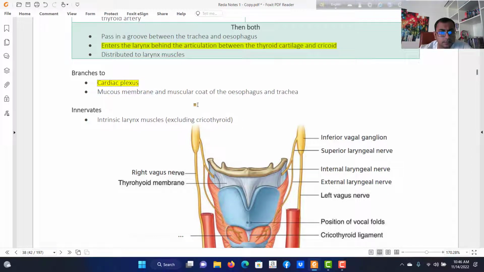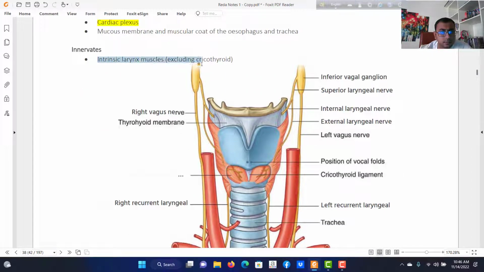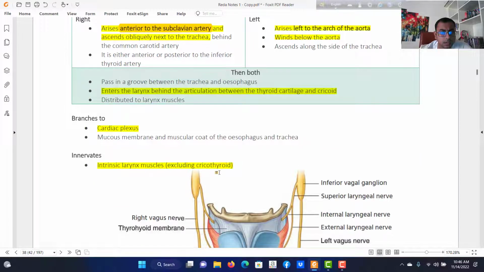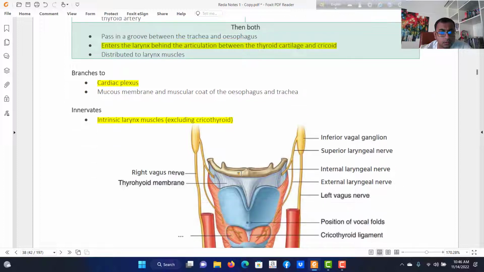Cardiac plexus. The intrinsic muscles of the larynx are supplied by the recurrent laryngeal nerve except the cricothyroid.